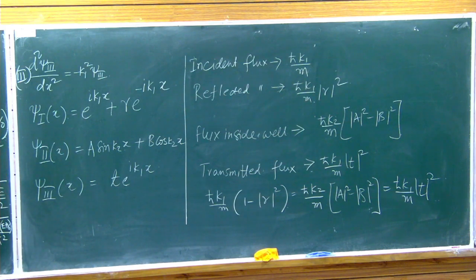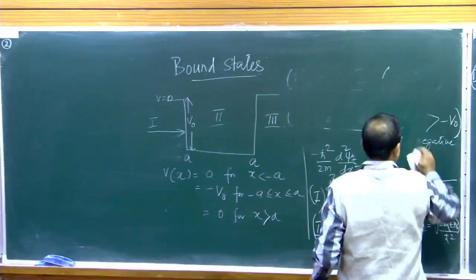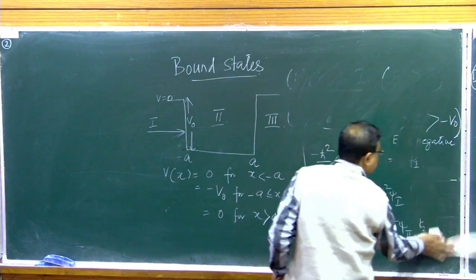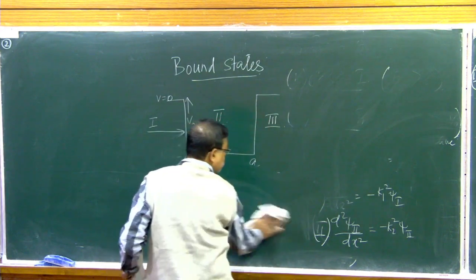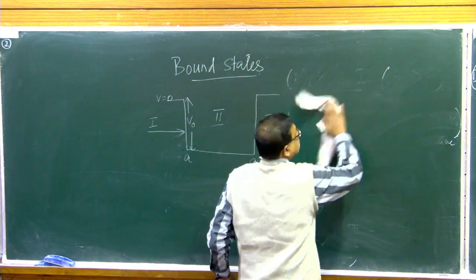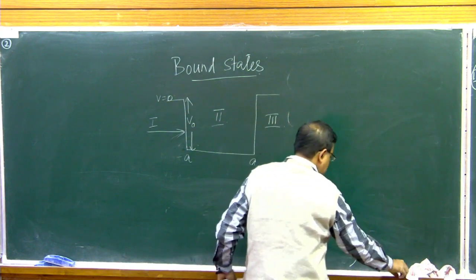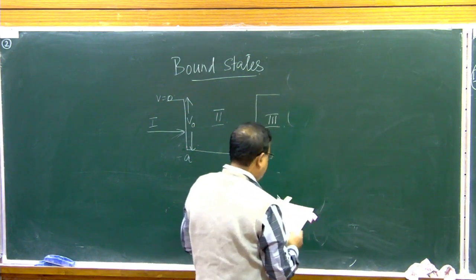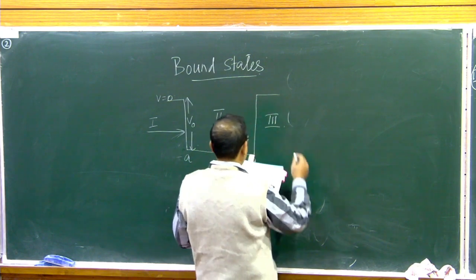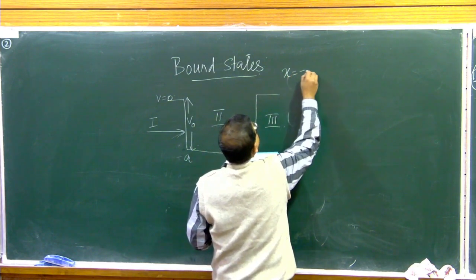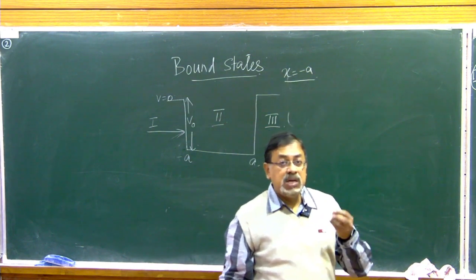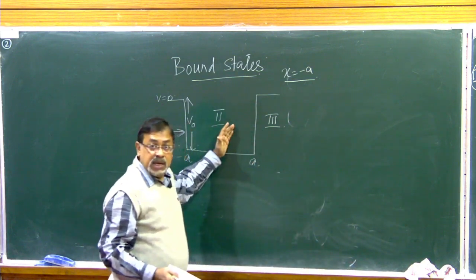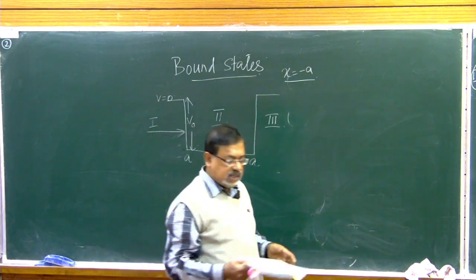We come back to this part of the board, and let me erase this. Okay, so we'll match the boundary condition at x equal to minus a. So the equations to be matched are the continuity of psi, that's the wave function, and d psi dx at x equal to minus a.